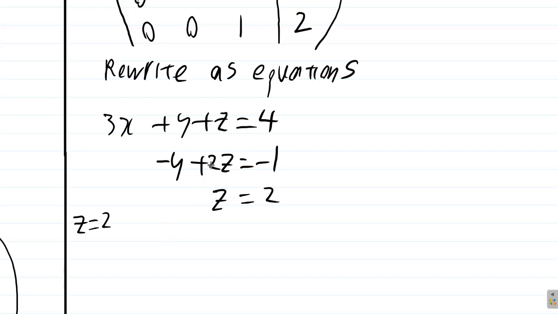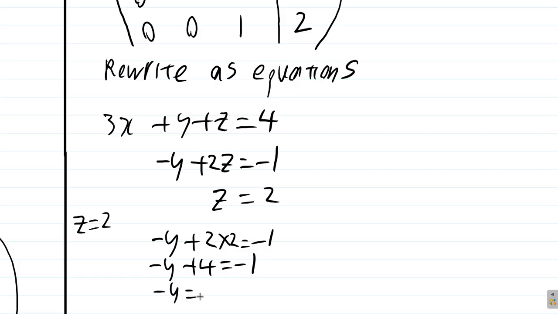Now we're going to substitute z in equation 2, the second equation. So we have negative y plus 2z, which is 2 by 2, equals negative 1. So negative y plus 4 is negative 1. Negative y equals negative 1 plus 4. Negative 1 plus 4 is 3.